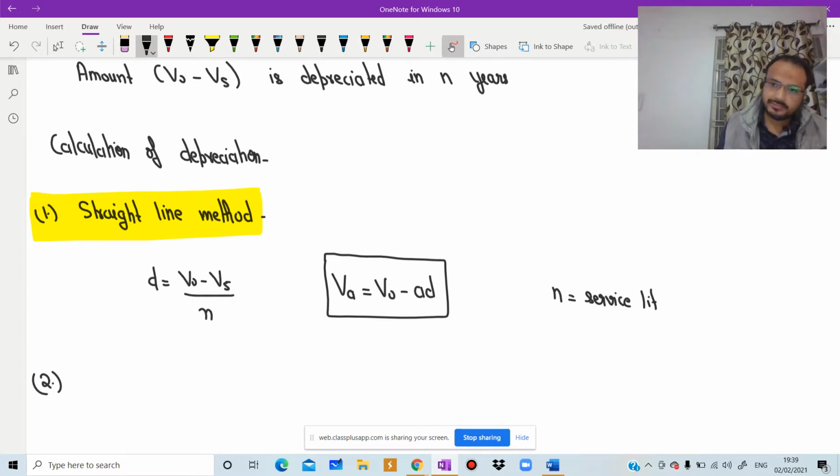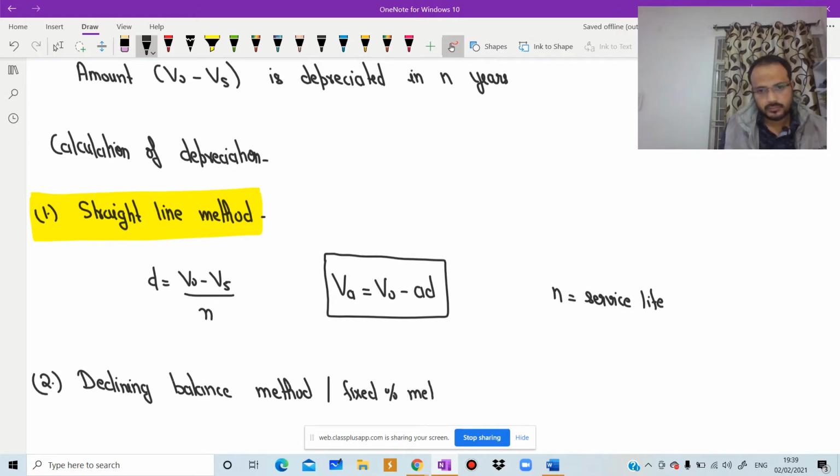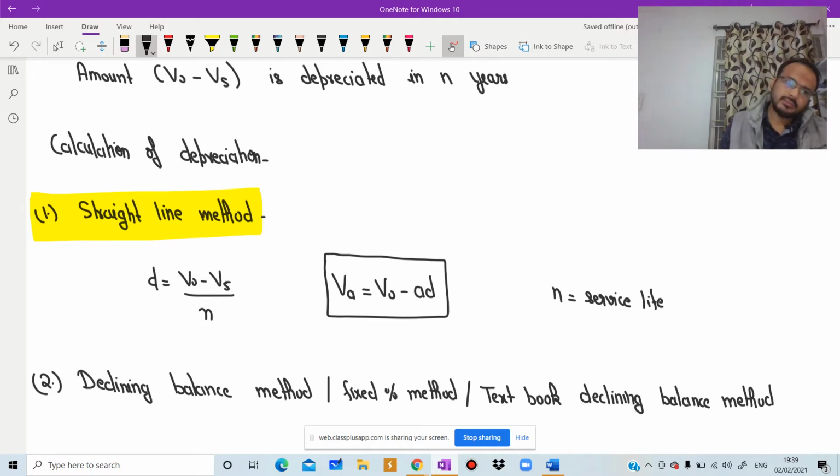Second one is the declining balance method, or fixed percentage method, or textbook declining balance method.